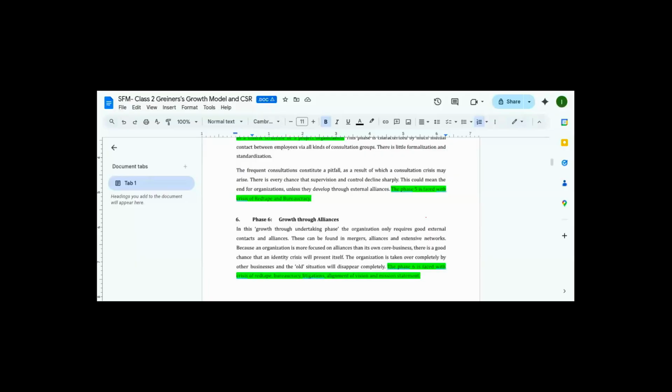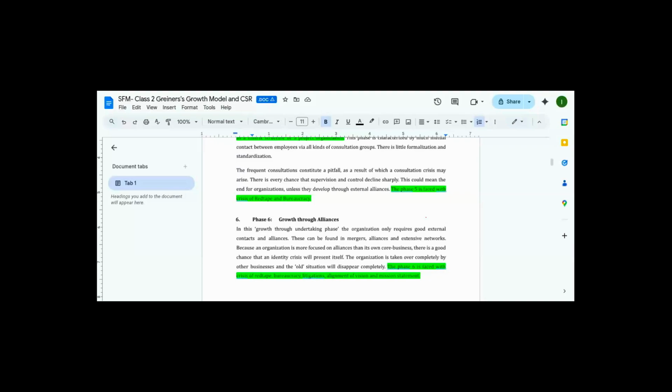We have to look at the feasibility of any investment that we want to discuss, and we have to look at the acceptability. So many factors are being considered. If the company is intending to go into merger and acquisition in stage 5, for instance, this has to be critically looked at.